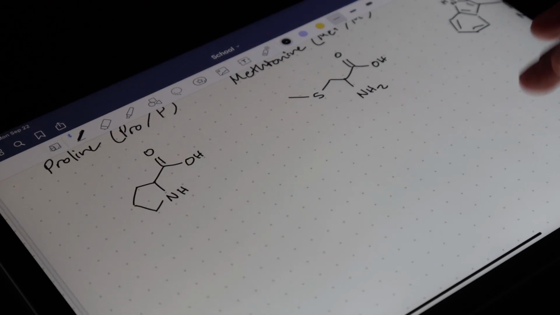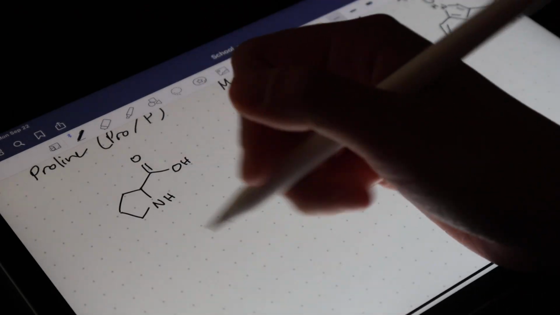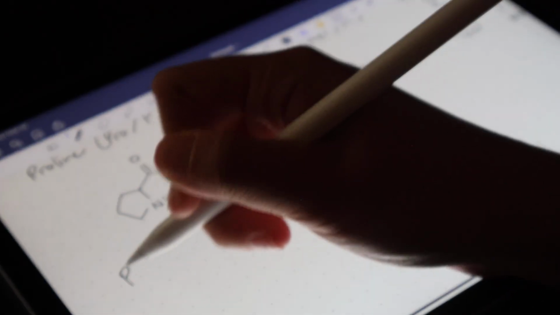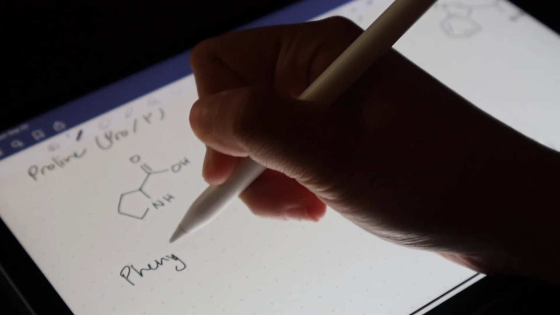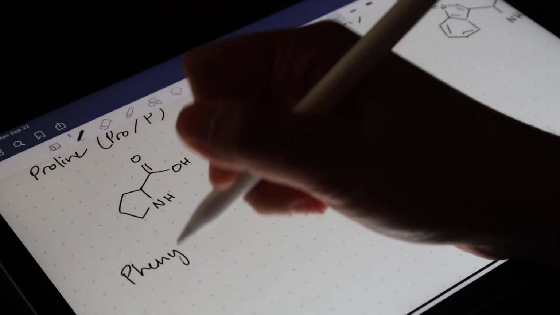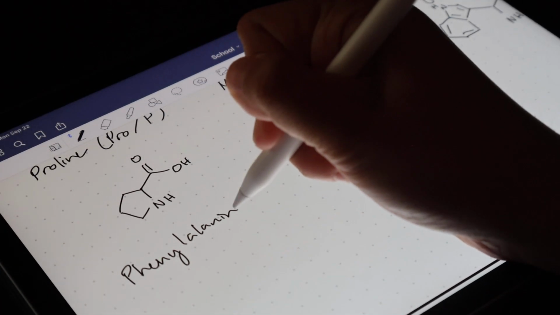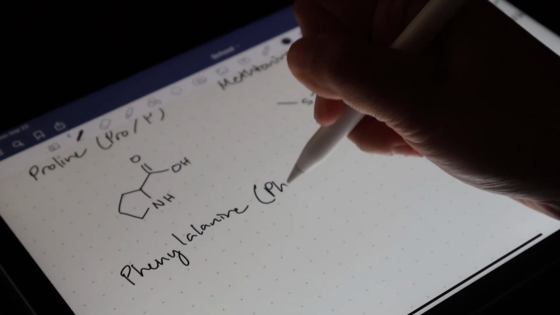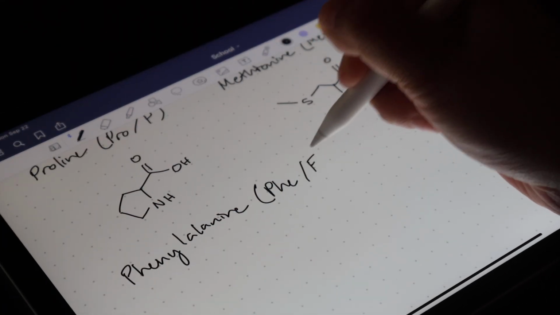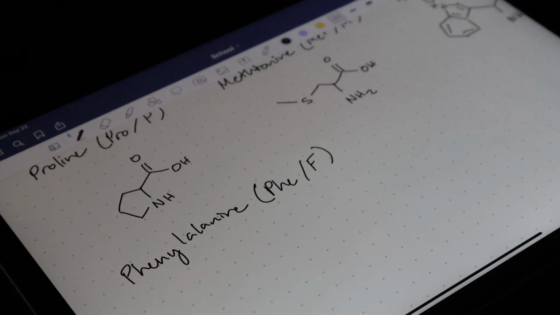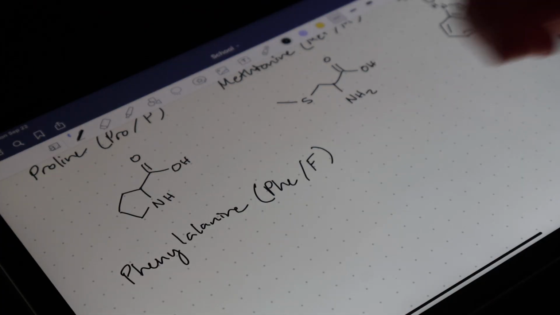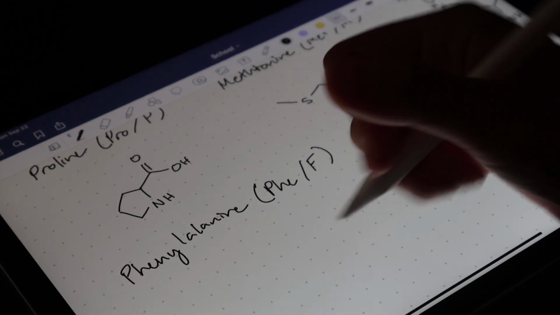And then the last one, which is a lot more simple than that one, phenylalanine, I think is a little bit easier because it makes an F sound.